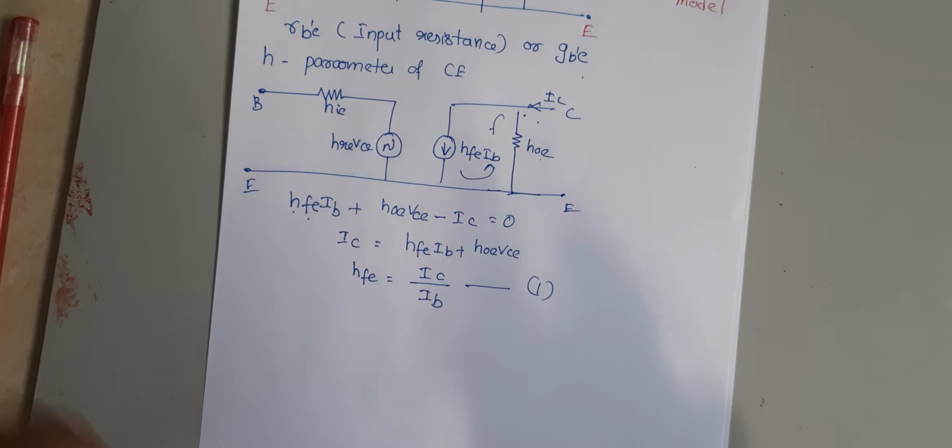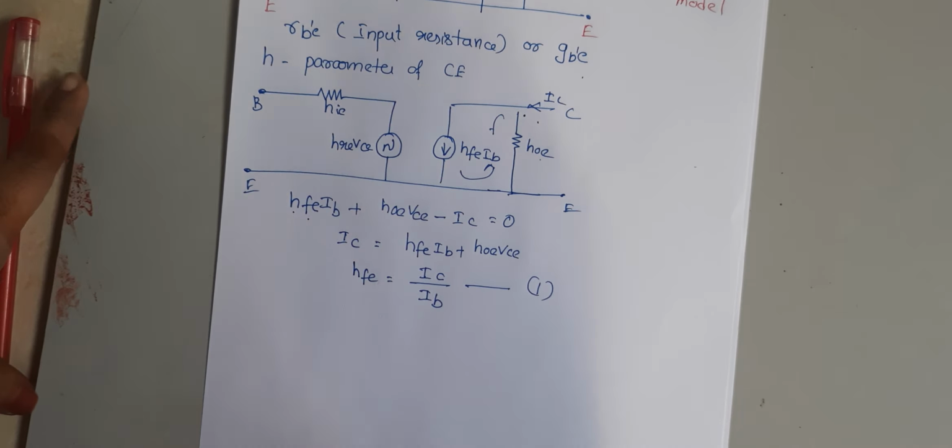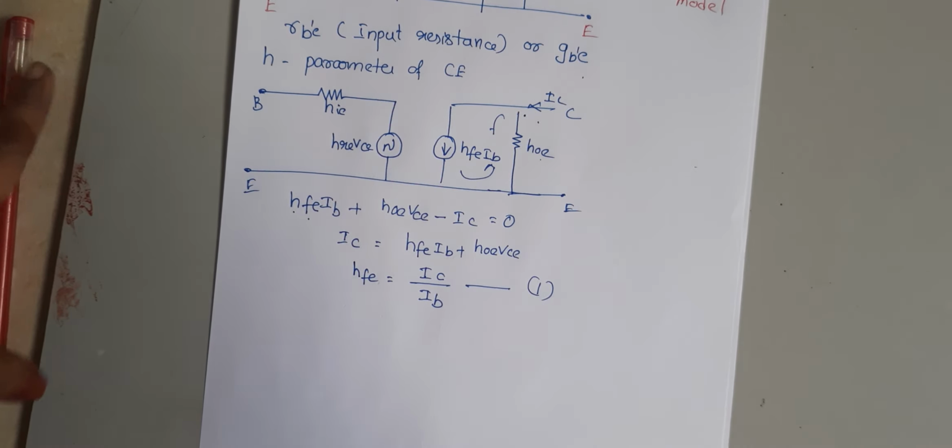Now draw the hybrid pi model of CE configuration. We are finding the resistive parameters, so we derive the equations for the resistive parameters.